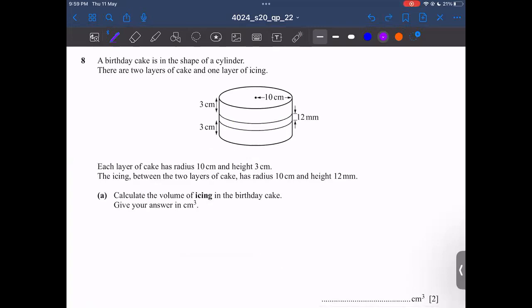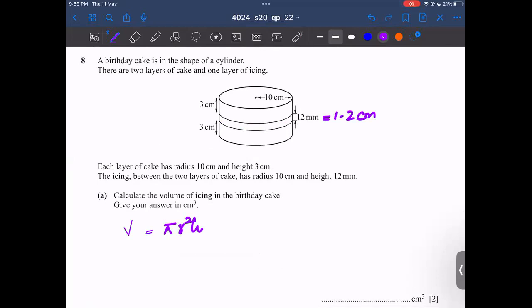So the icing part is also a cylinder over here. So we are going to write down the cylinder formula, volume is pi r square h. The radius is in centimeter, the height is in millimeter. So just convert the height in millimeter into centimeter, that is 1.2 centimeter.